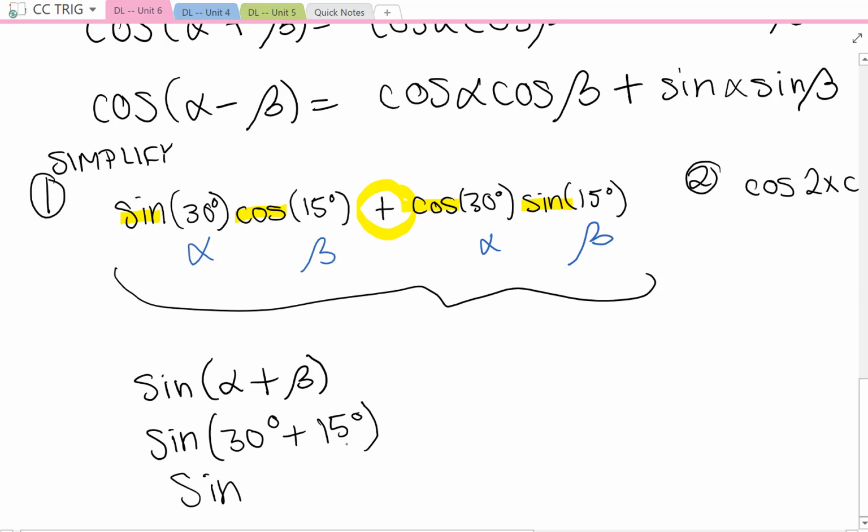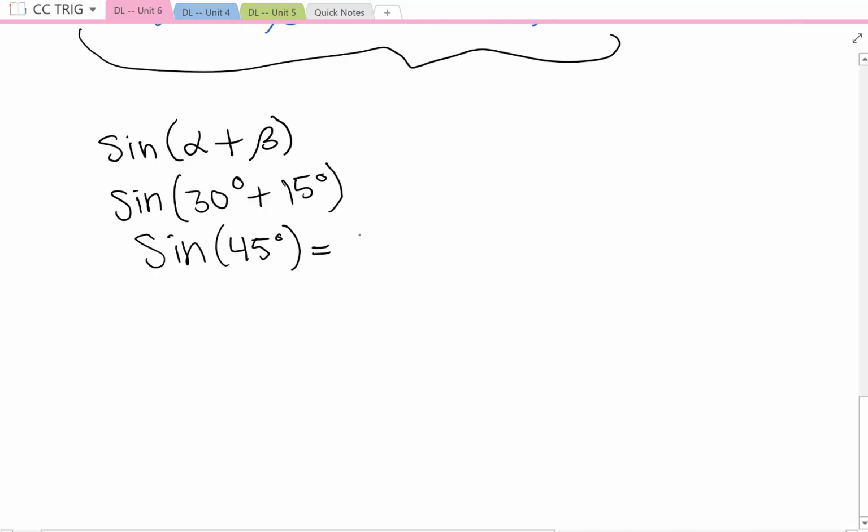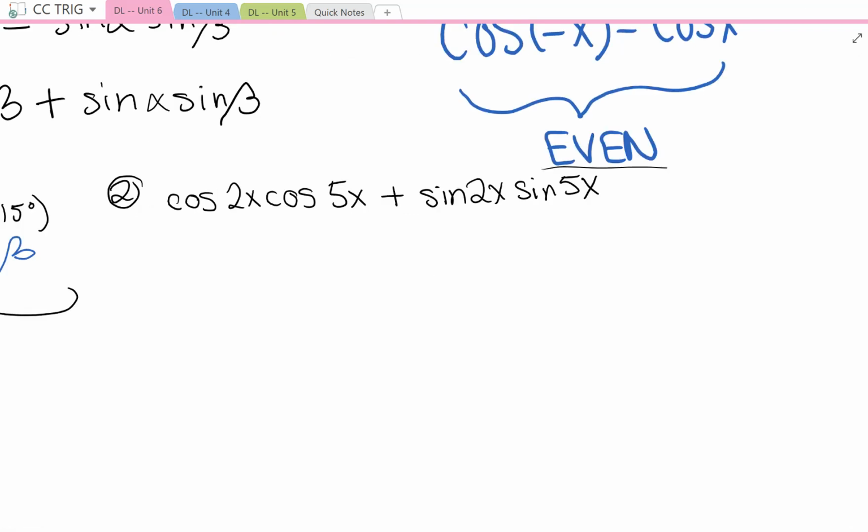Sine of 30 degrees plus 15 degrees, that is sine of 45 degrees. If you look at your trig table or the unit circle, you remember that is root 2 over 2. That's our simplification.